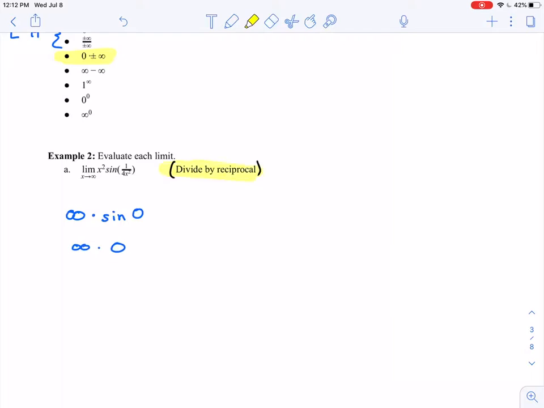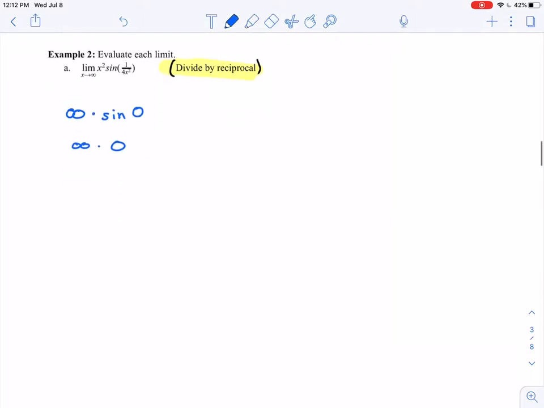We are going to instead divide by the reciprocal because I know that I can rewrite this. I'm going to take the same limit statement, limit as x approaches infinity. I'm going to rewrite this as sine of 1 over 4x squared, and I'm going to divide by the reciprocal of x squared, which would be 1 over x squared.